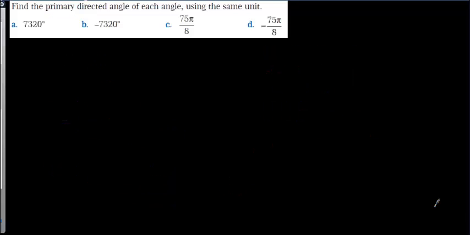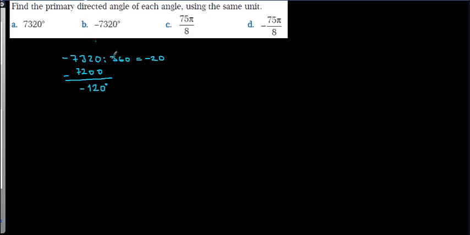If we do these operations for the negatives, like minus 7,320, when you divide by 360, this time the answer is going to be minus 20 because you are dividing negatively, and when you multiply, it's going to be 7,200 here, and the subtraction result is going to be minus 120.